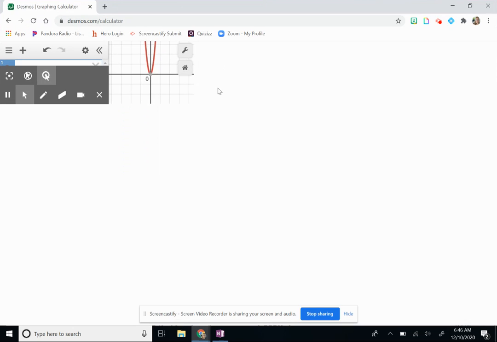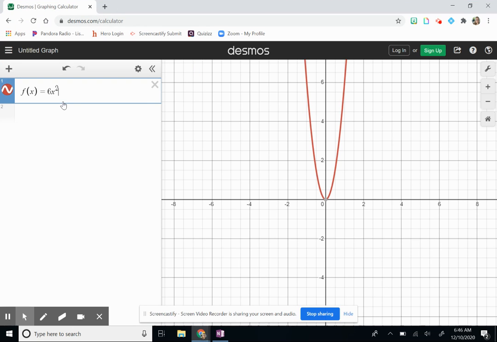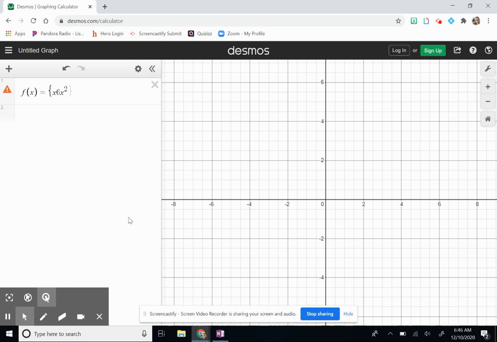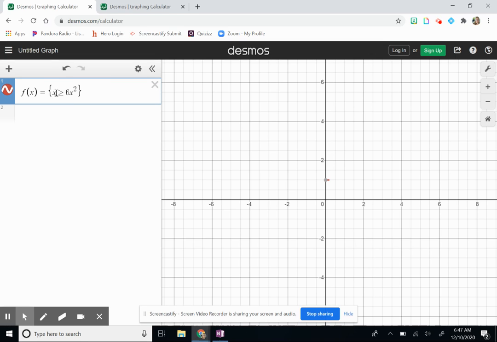So let's look at what that looks like on Desmos. I have to use some different notation here. This is not necessarily something that you need to know how to do, but it is a helpful tool to have.